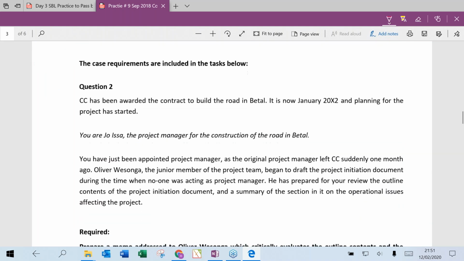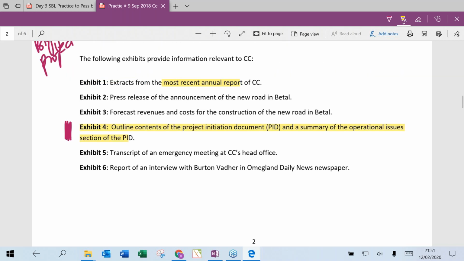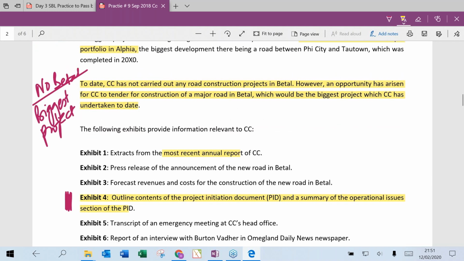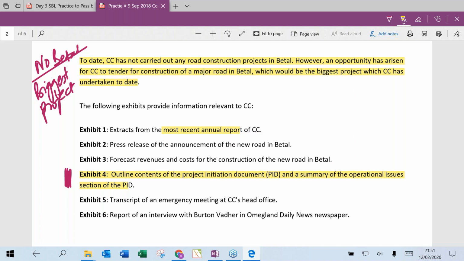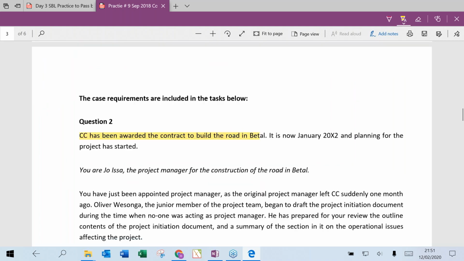Right, so the case requirement question number 2. CC has been awarded the contract to build the road in Beetle. Congratulations, all of you. So now our company has been awarded the contract to build the road in Beetle. And if I remember correctly, it's the biggest project which CC has undertaken to date. Wow, that's good news.